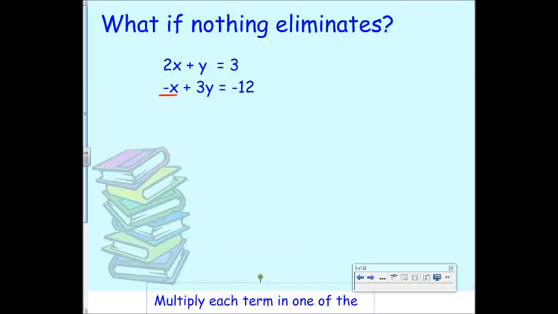Okay, so you basically get a whole new equation. I do this whole thing times 2. And what process or what property is this? I'm distributing. All I'm doing is distributing a 2. And it doesn't change anything except that now I can eliminate my x's because I'm going to rewrite equation number 1. 2x plus y equals 3.